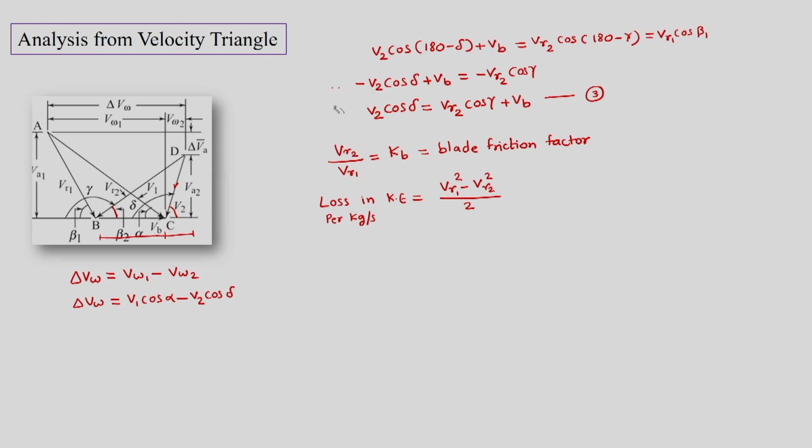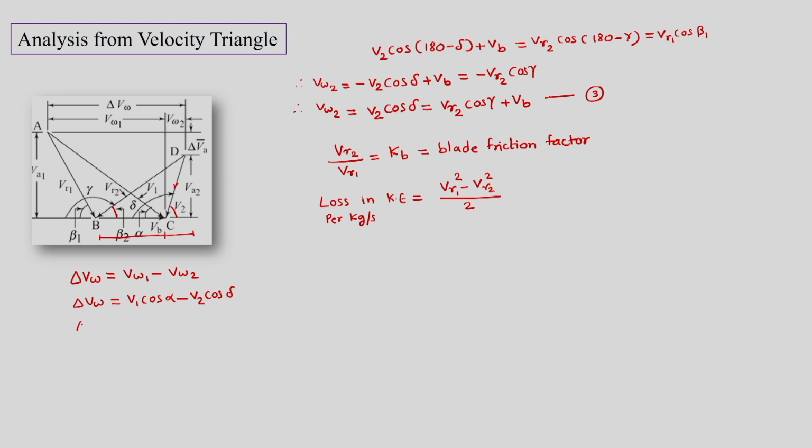So, here this is what we have derived, VW2. VW1 minus VW2 is delta VW, and this delta angle will take care of the sign. If delta is more than 90, then this will automatically become positive. If delta is less than 90, this will become negative. So this is taken care of by the sign of delta.